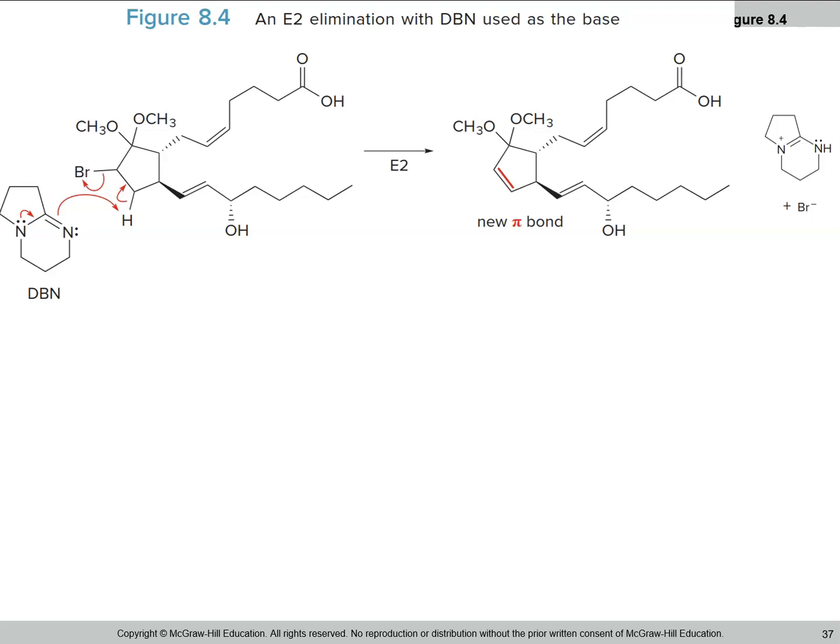And here's an example looking at this. So the prostaglandins, that's the compound shown right here in the structure, the long fatty tails, carboxylic acid on the end. We have this ring over here, and then we have a DBN base. And these are prostaglandins, a group of physiologically active lipid compounds called icosanoids.